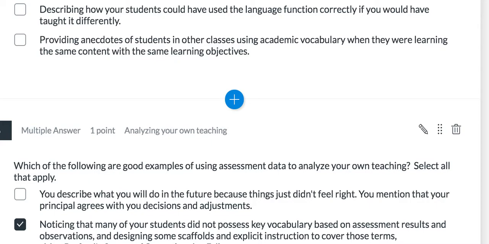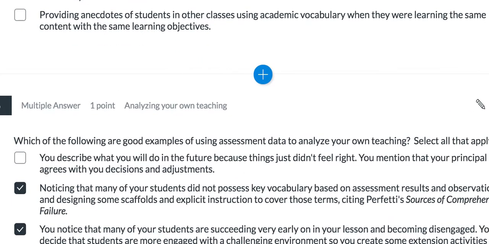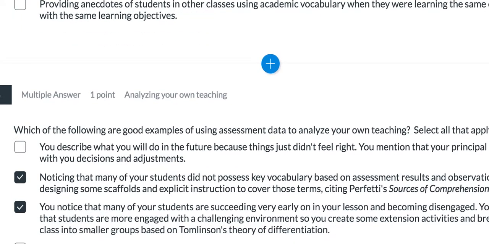And finally, can't get down to the bottom here. I guess I'll just talk about the general idea. Which of the following are good examples of using assessment data? Let me try to make it a little wider so we can see a little more. To analyze your own teaching, right?